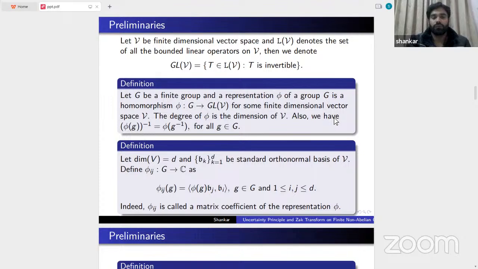Then we have the definition of a representation of a group G. If we have a finite group G, then a mapping phi from G to GL(V) is a representation if it is a homomorphism, where V is a finite dimensional vector space. The degree of this representation phi is the dimension of V. This representation also satisfies this condition: phi of g, whole inverse, equals phi of g inverse, for all g belonging to the group G.